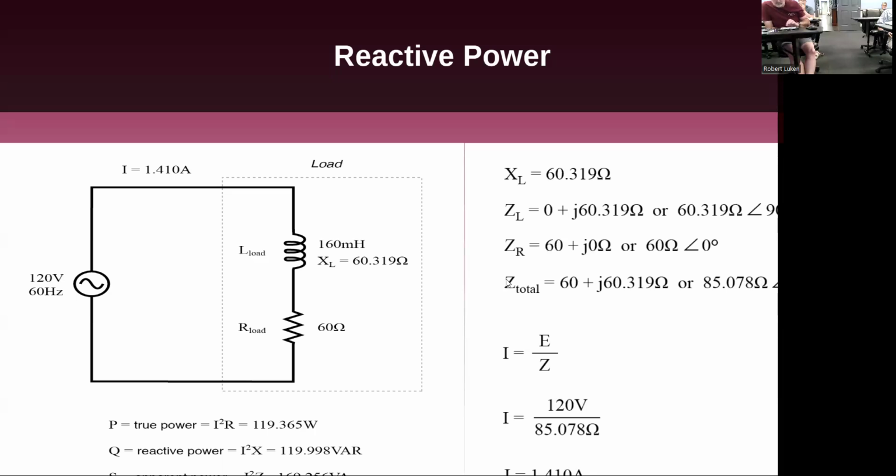So we're going to have impedance of 60 plus j60 because it's inductance, so it's positive. And if you do your arctangent, you find out that it's a 45 degree phase angle.